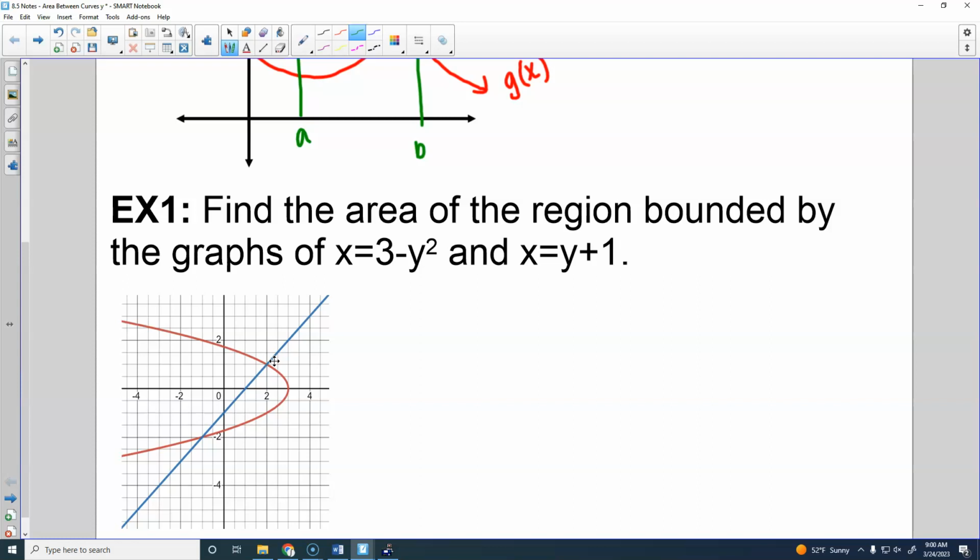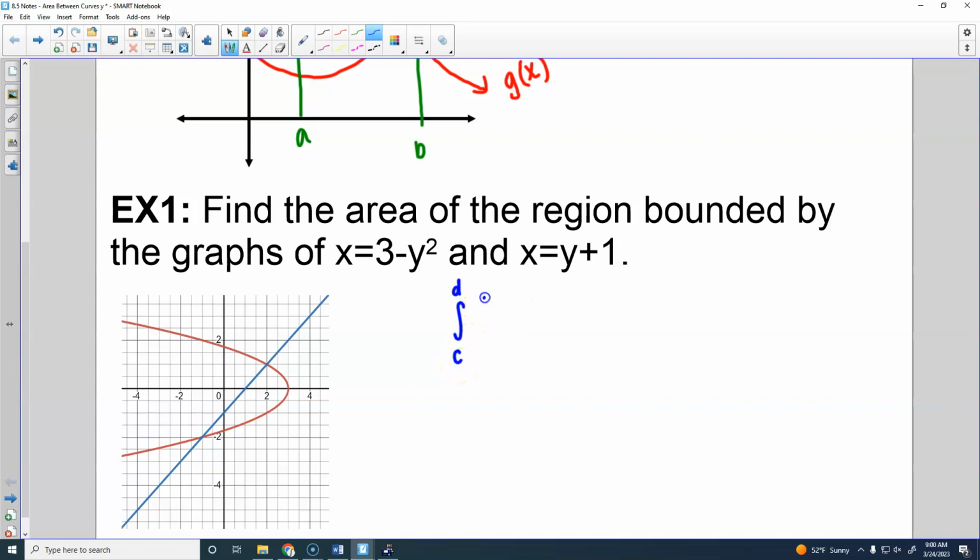So whenever you are doing this problem in terms of y, what you're going to do is the integral, I'm going to call it C to D instead of A to B. These are going to be limits from the y-axis.